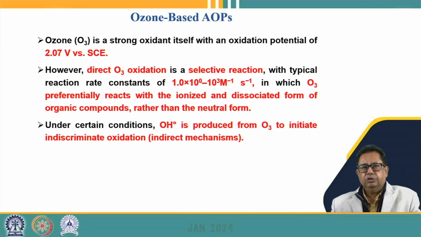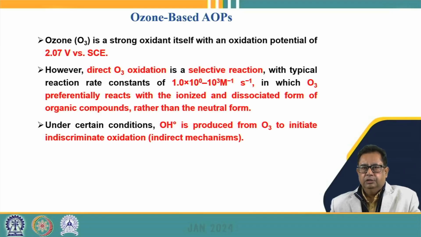Direct oxidation by ozone is a highly selective reaction, in the sense that it can only react with the ionized and dissociated forms of the organic compounds rather than the neutral form. It has rate constants of nearly 1 to 1000 per mole per second. So this reaction rate constant is quite small in comparison to the case where •OH radicals are produced.